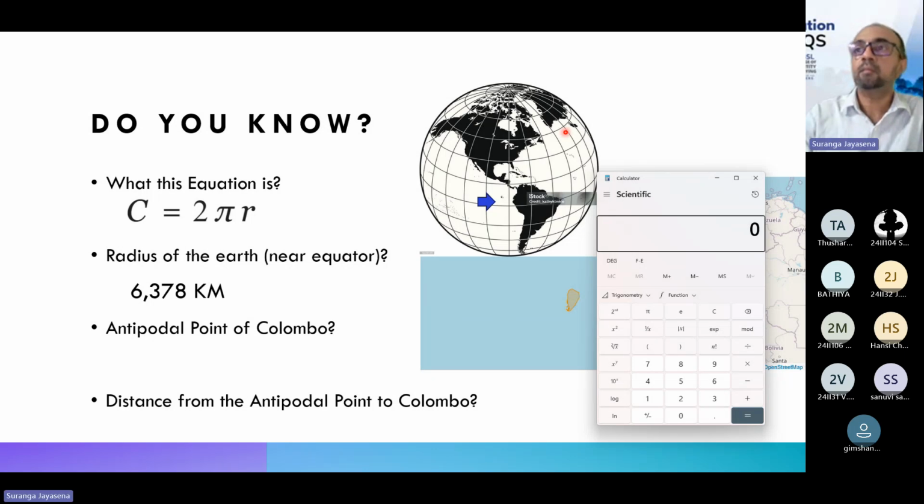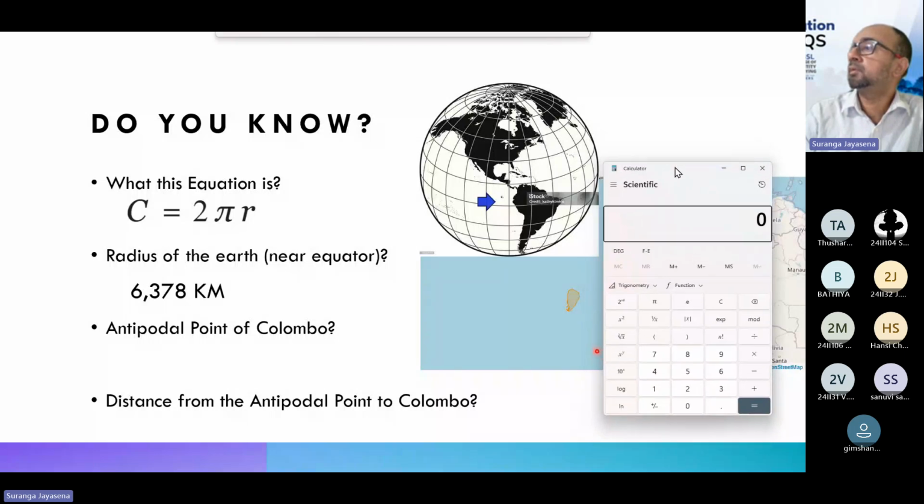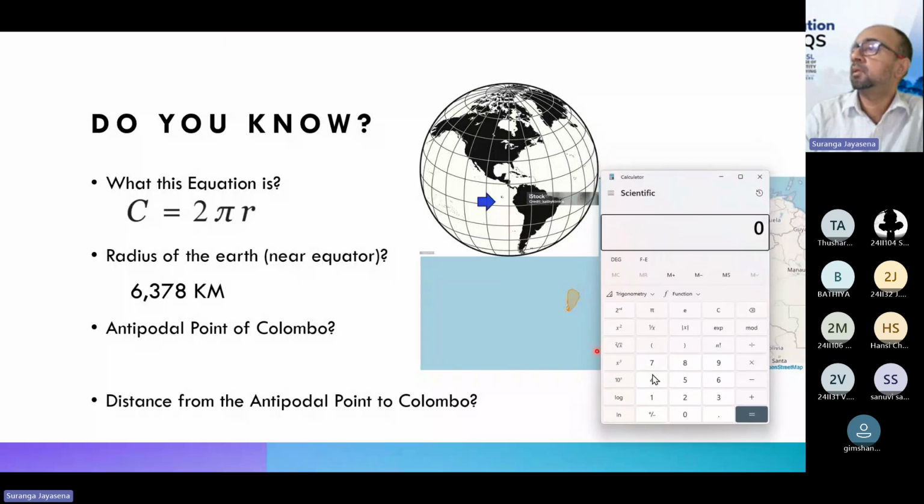okay, then you were able to generate some new knowledge or solve a problem by combining or applying these things that you need. So, I believe you can see my calculator on screen. If not, just let me know.